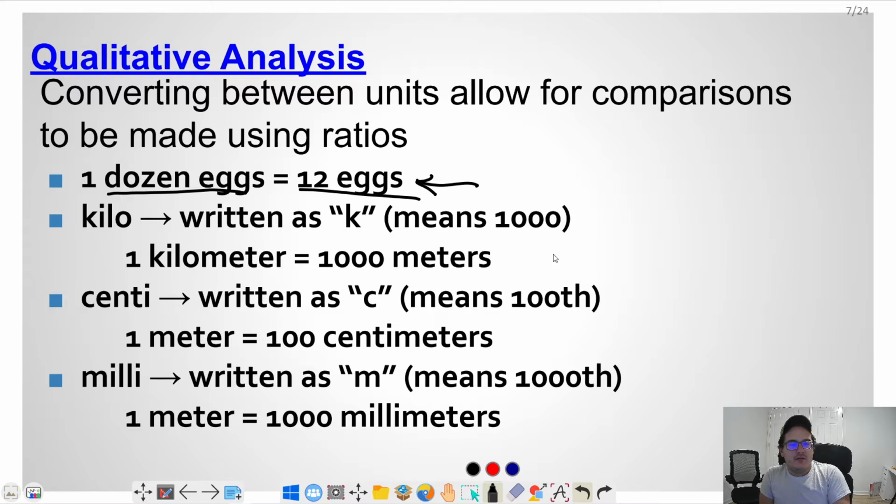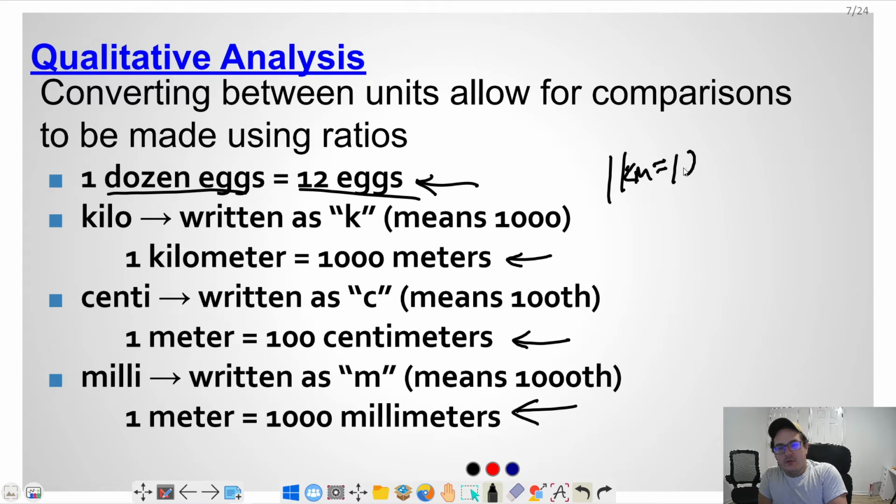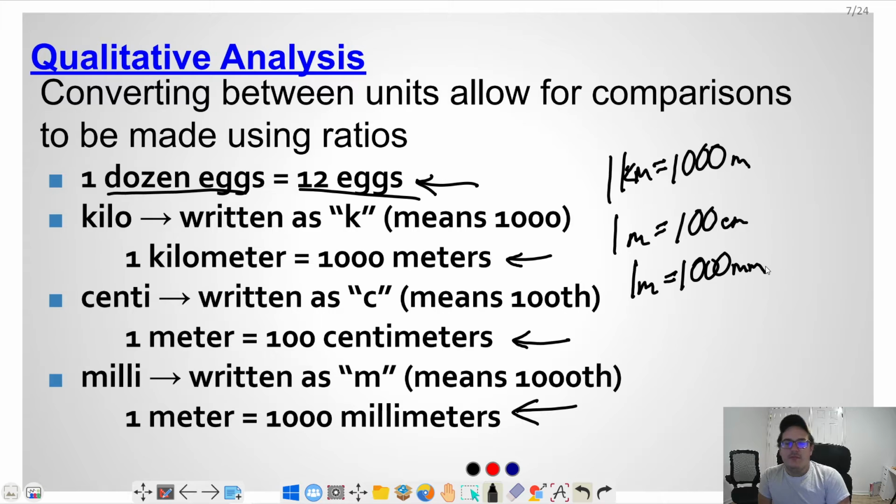So what we're going to do right here is these 3 are going to be our important ones. 1 kilometer is 1,000 meters. I would say this absolutely has to be in your pocket for your homework and for doing problems in class. 1 meter is 100 centimeters, and 1 meter equals 1,000 millimeters.